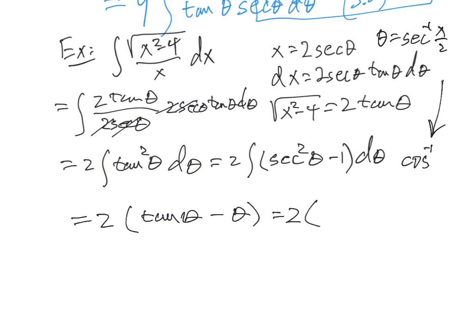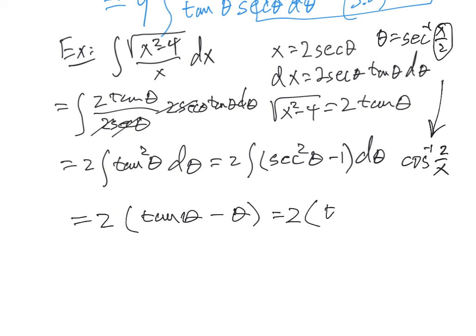Remember, secant is the reciprocal. So if theta is an angle whose secant is x over 2, then theta is the angle whose cosine is 2 over x. So all you need to do is reciprocate that. Then you can convert it to cosine. For us, it doesn't matter how we do it because we're not using a calculator. We can write it with either function.